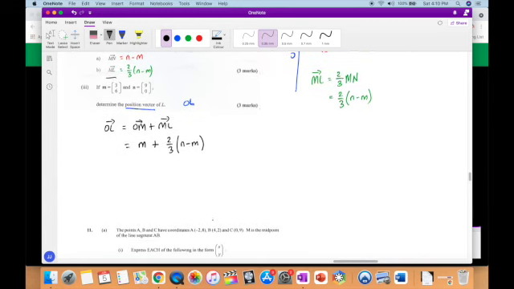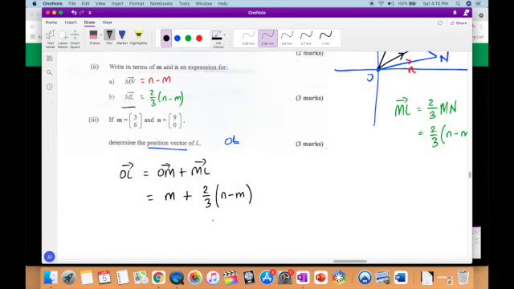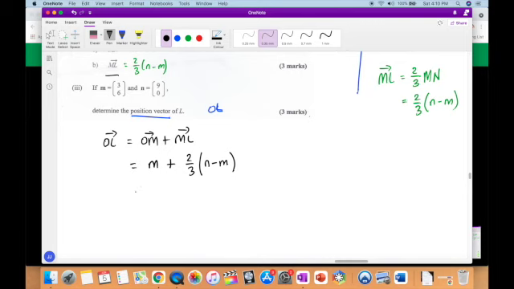Okay. So now we just add in our vectors. So we have M being the vector 3, 6 plus 2/3 of N, which is 9, 0 minus M, which is 3, 6.